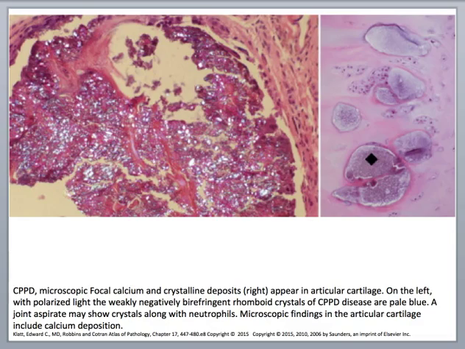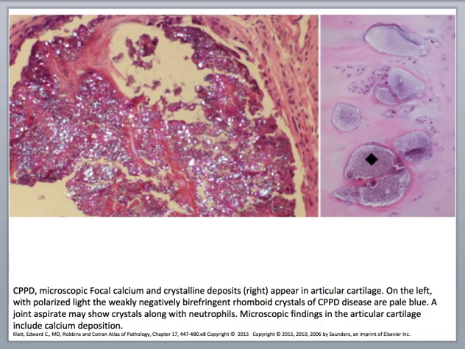Microscopically, the crystals are deposited most typically in the cartilage of menisci and appear as amorphous deposits, as seen on the right, of small crystals that on polarized microscopy on the left appear as rhomboid-shaped crystals, as opposed to the needle-shaped crystals of urate that are seen in gout.